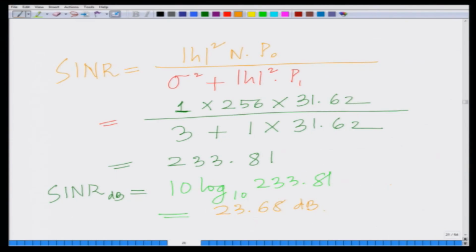This module summarizes the idea of SINR, most importantly the idea of multi-user interference in a CDMA system, how to characterize the SINR, that is the signal to interference plus noise ratio, in a multi-user CDMA scenario, and we have looked at a simple example to understand this idea.